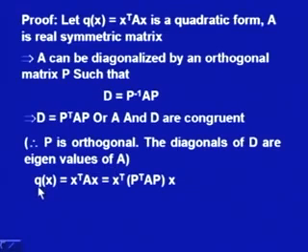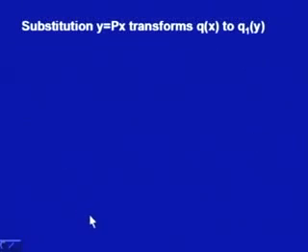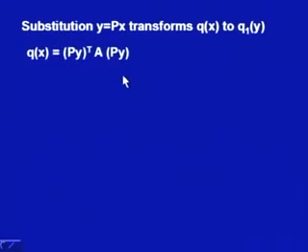And with this Qx is represented as X transpose AX, which equals X transpose P transpose AP X, and then we can use the substitution y is equal to Px, and then we can easily check that Qx will transform to Q1y. So Qx is written as Py transpose APy.